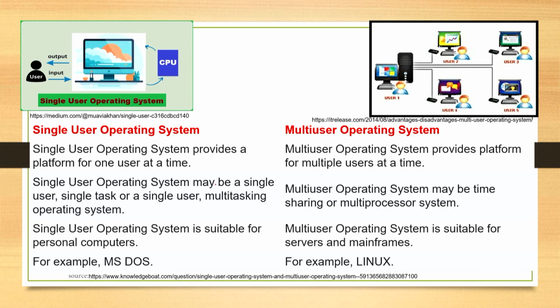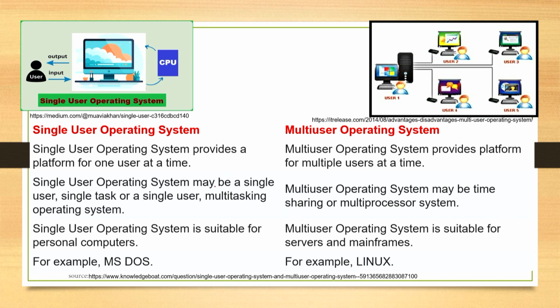A single user operating system may be single user, single task or single user multitasking operating system, which I have already discussed in my previous lecture. In the case of single user, single tasking, only a single task will be performed at a given time by the single user.